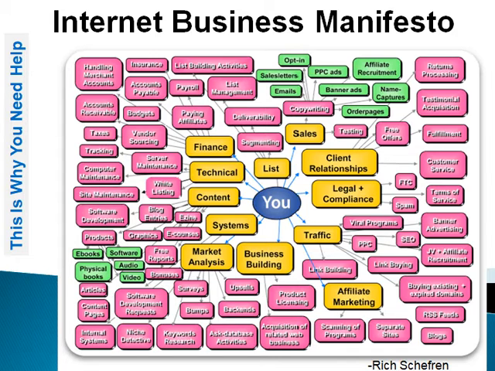This came out around 2005 or so. So this is why you need help. You can see that there is so much to be done online. There's so much. Where do you even start? You are in the middle there. You are doing a lot of things.